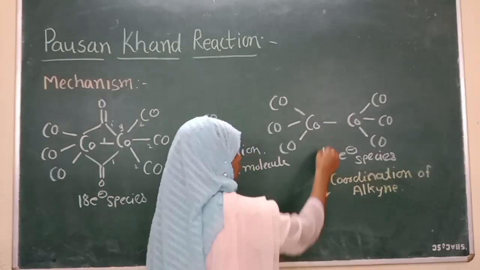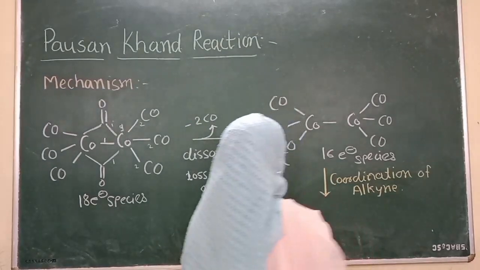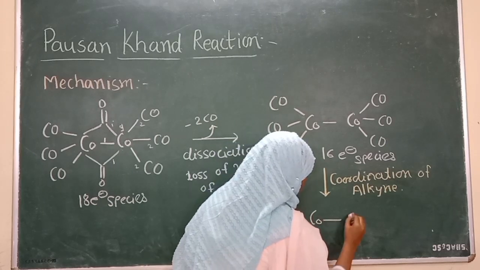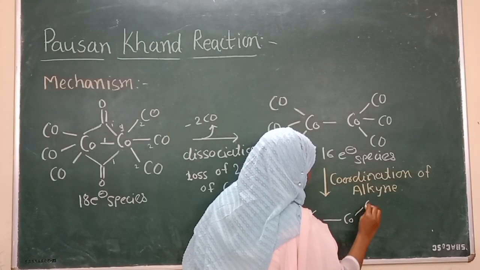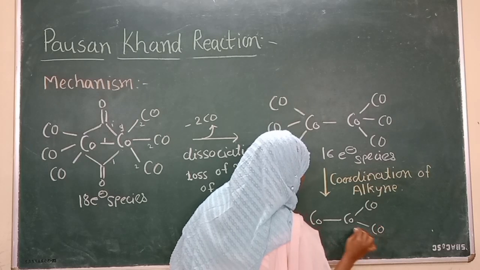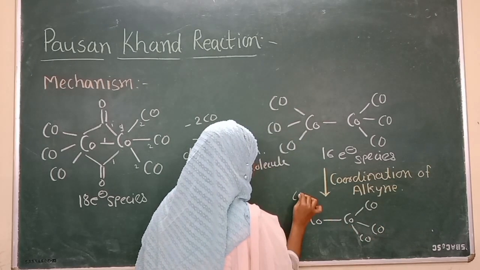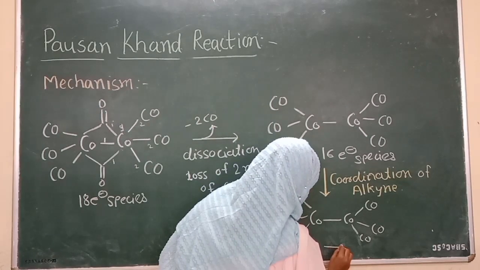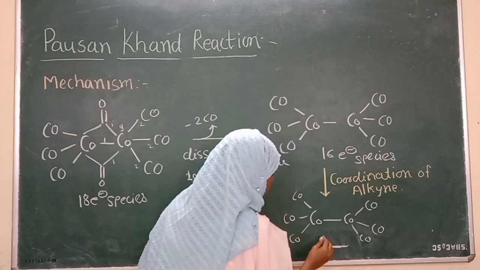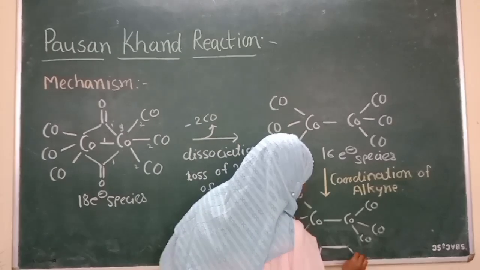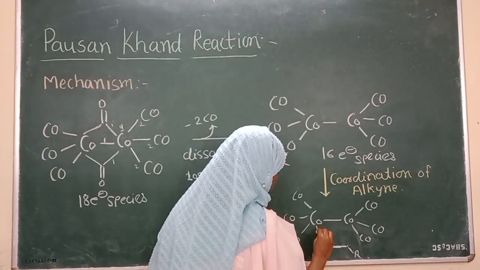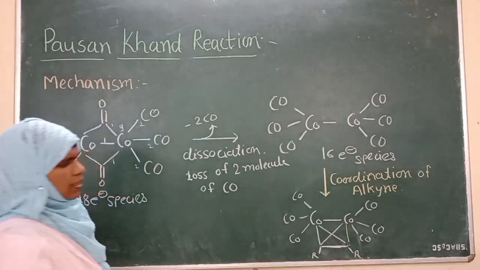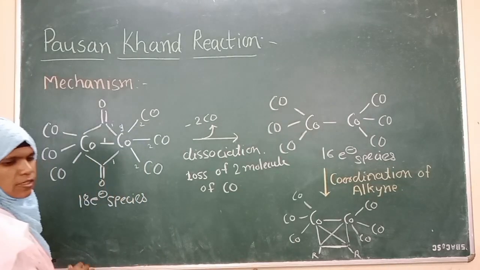This coordinates with the alkyne. Then we get an 18 electron species.